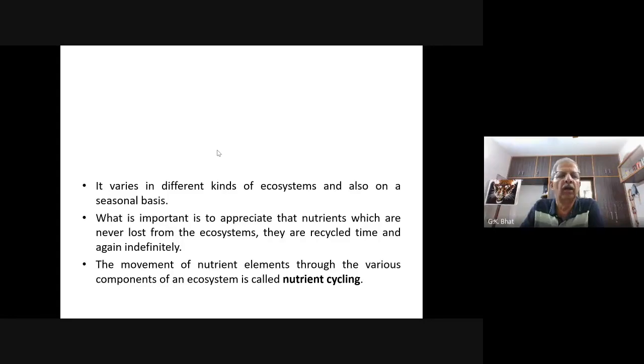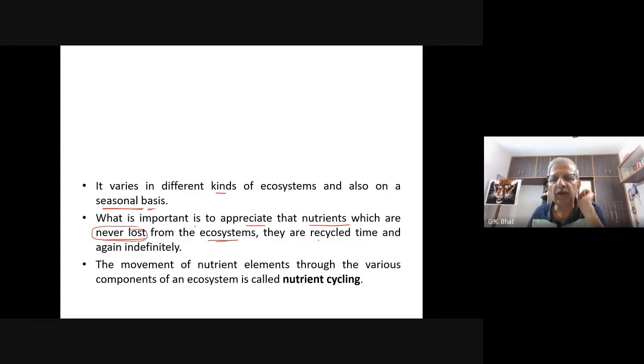Now, standing state varies in different kinds of ecosystem and also on a seasonal basis. The amount of nutrients present at a given time in a given area varies in different kinds of ecosystem and also on a seasonal basis. What is important to appreciate is that nutrients are never lost from the ecosystem.